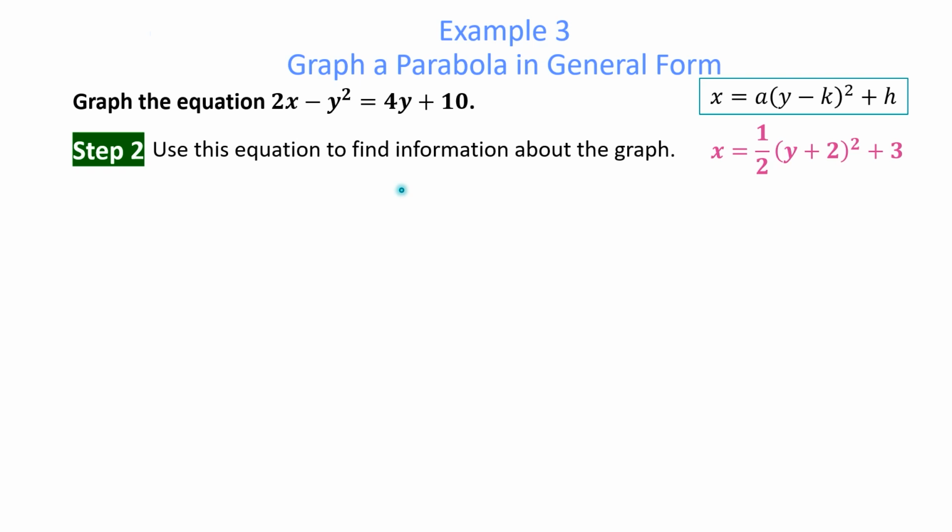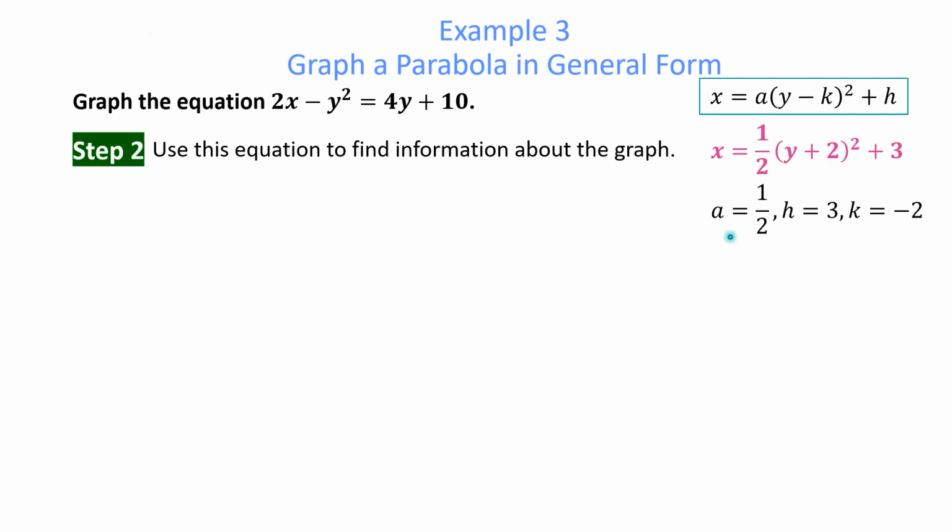So now that we have this equation rewritten in standard form, we can use this equation to find the information about the graph. So we can see that a is equal to a half. If we just compare the two, we know that h is equal to 3, which I've written over here, and k is equal to minus 2, which I've written over here.